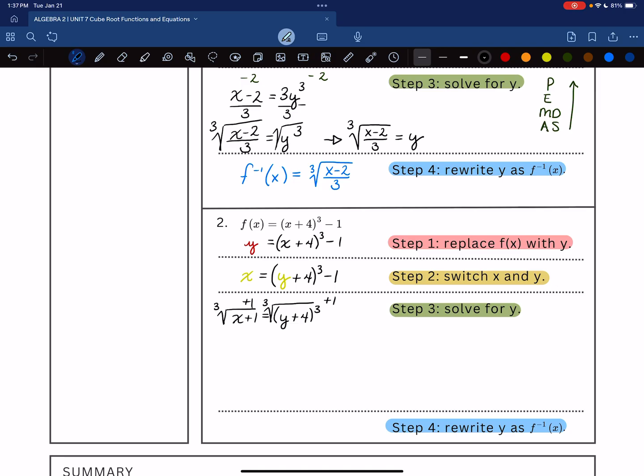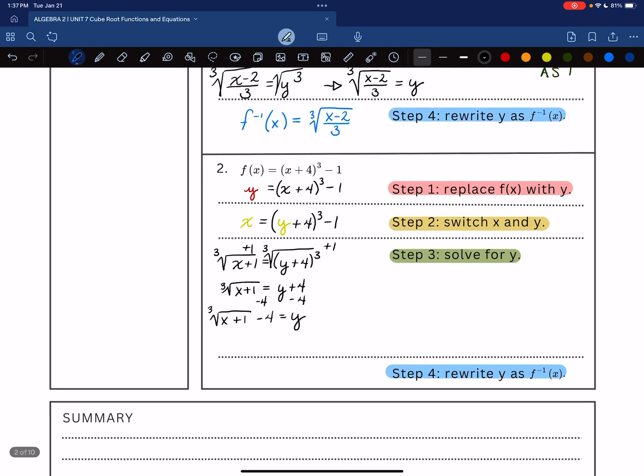That's going to give me the cube root of x plus 1 equals, now that cube rooting of the quantity cubed will leave me with just y plus 4. Now I can undo that adding of 4 by subtracting it on each side. It's really important here that subtracting 4 comes after we took the cube root of the x plus 1. So it needs to come outside of that cube root. And there we go. We have solved for y.